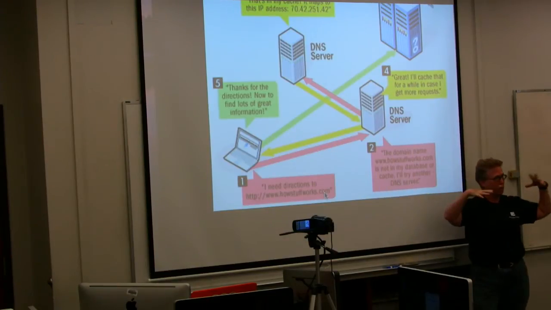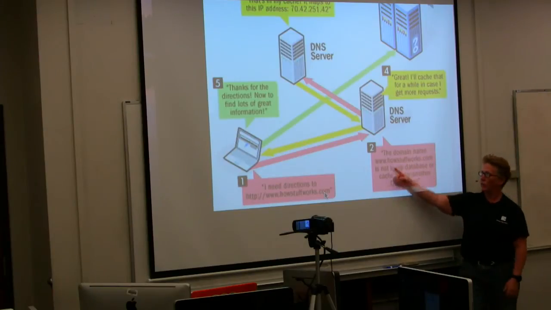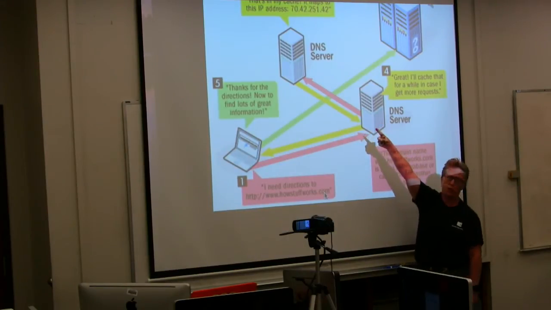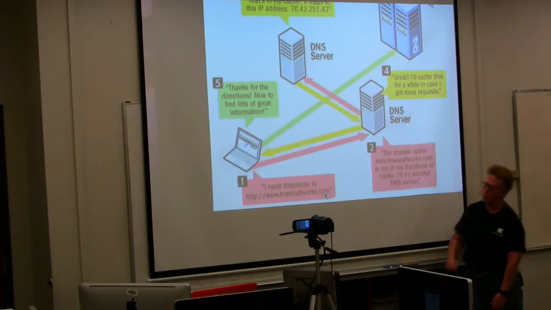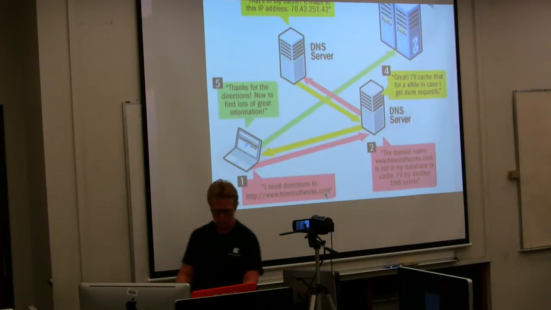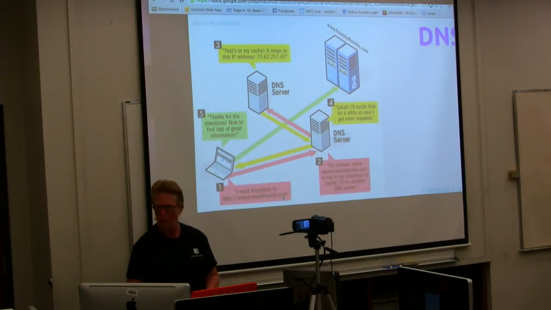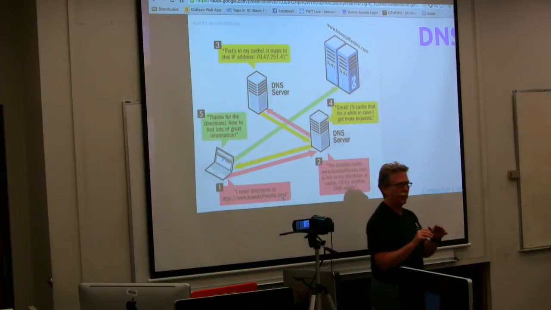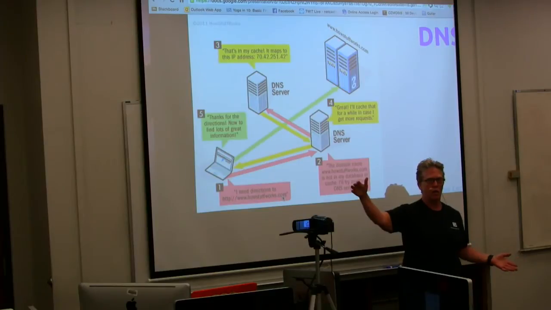On this campus, we have a DNS server, and it's going to first ask it, do you know this website, and do you know the IP? And if it doesn't know it, it'll go to the DNS server. And if it doesn't know it, it goes to the root server. So this is actually the process that happens. Have you ever noticed sometimes the first time you type in a website, it takes longer? That's why.